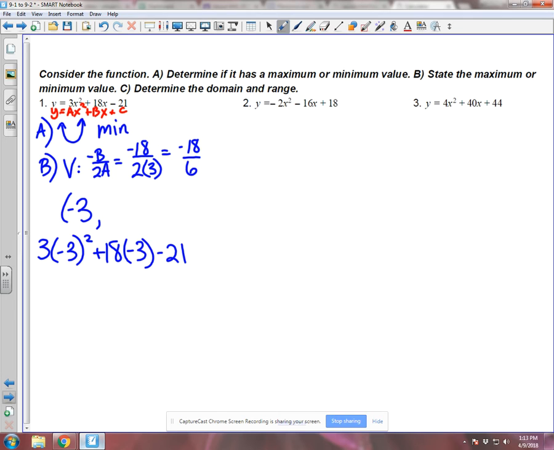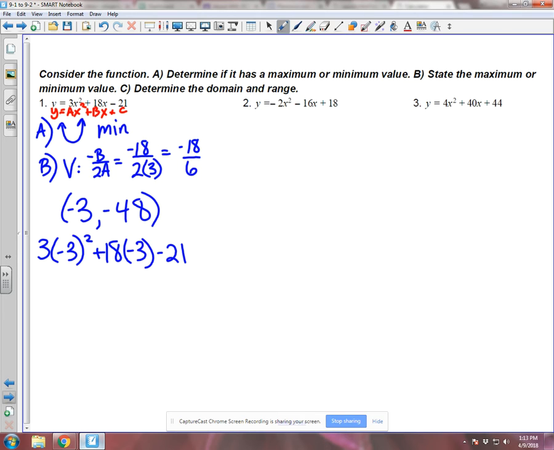I did not get that. Doesn't mean I couldn't have made a mistake, James. You get negative. Maybe I did make a mistake. I never claimed to be perfect. I'm now getting negative 48. So, which one is the minimum value?